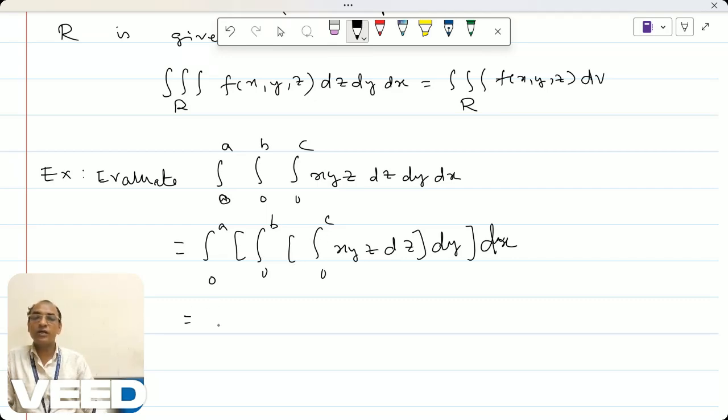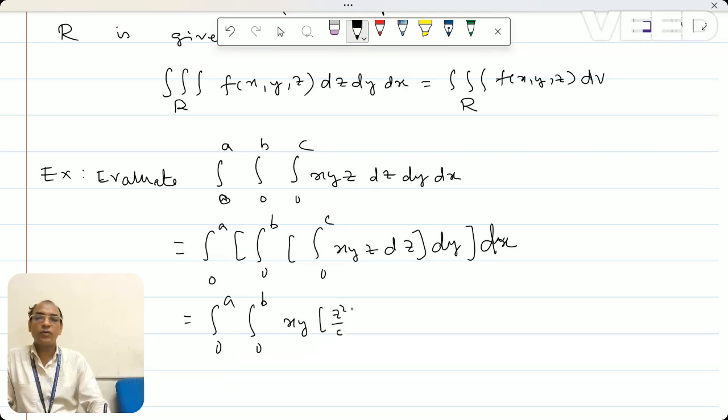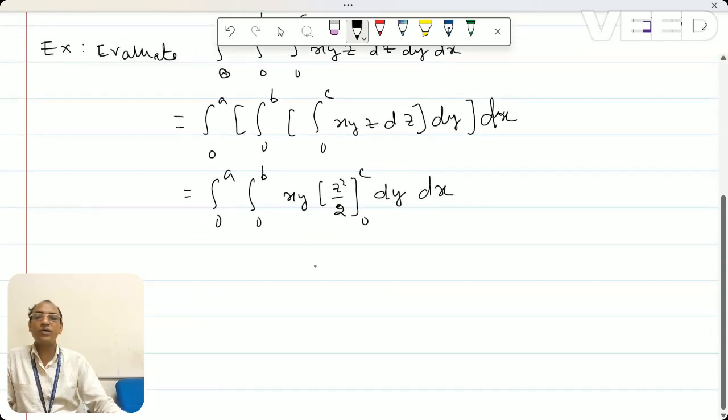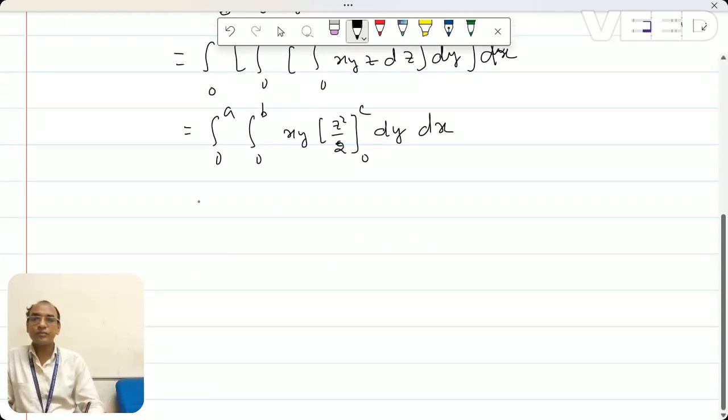So now one by one, if I integrate 0 to a, integration 0 to b, and xyz integration with respect to z will be xy and z square by 2, and the limit is 0 to c. Then I will integrate it with respect to y, and at the end with respect to x.